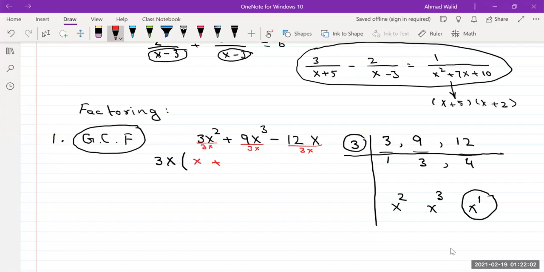Plus 9 divided by 3 gives you 3. X cubed divided by x gives you x squared. 12 divided by 3 gives you 4. And x cancels out with x. Here you go. Easily, you could factor a polynomial by GCF.